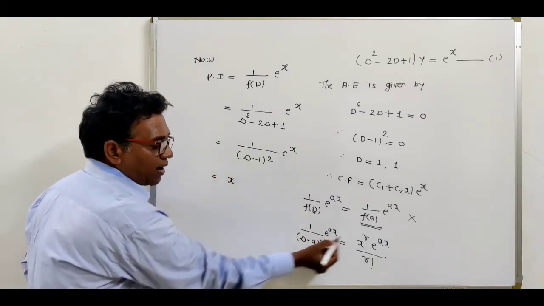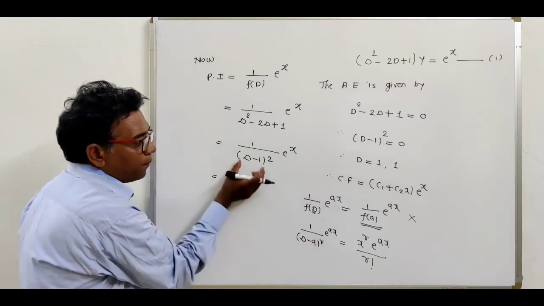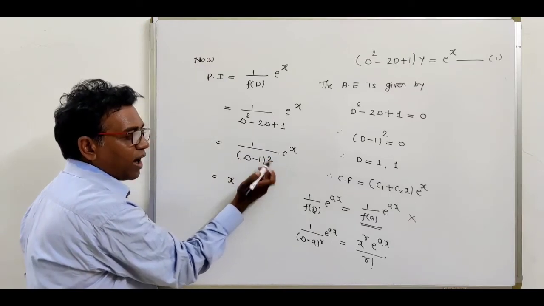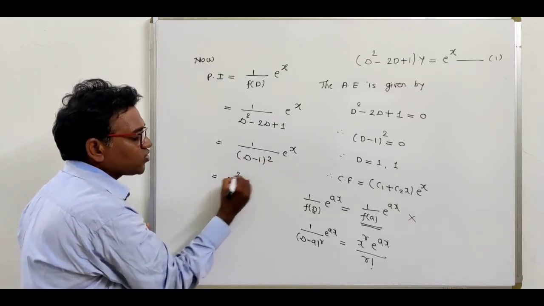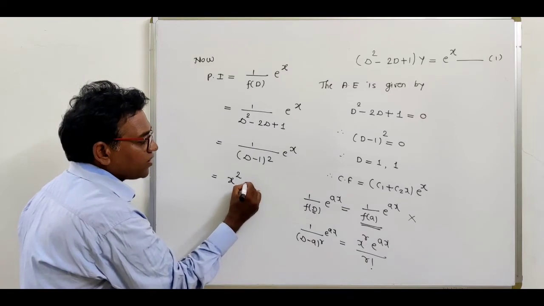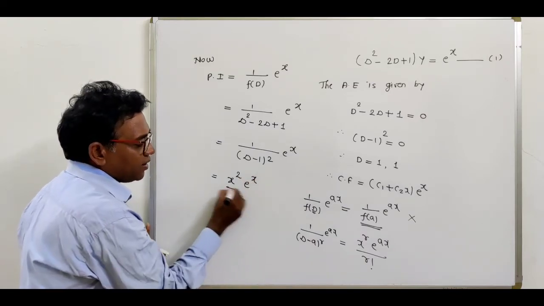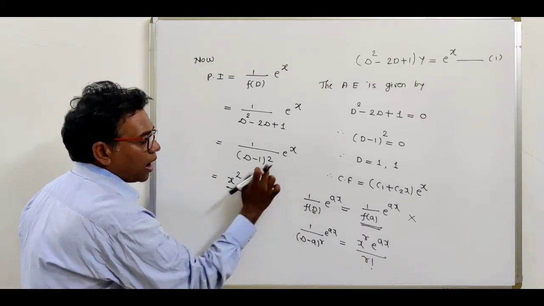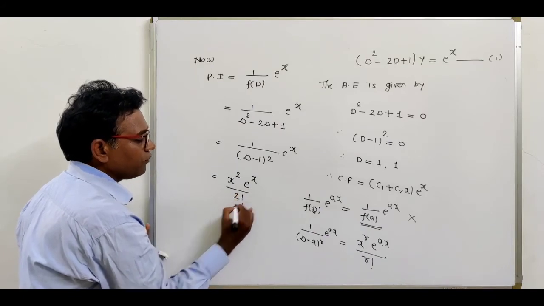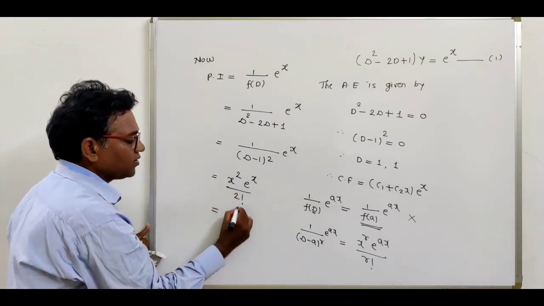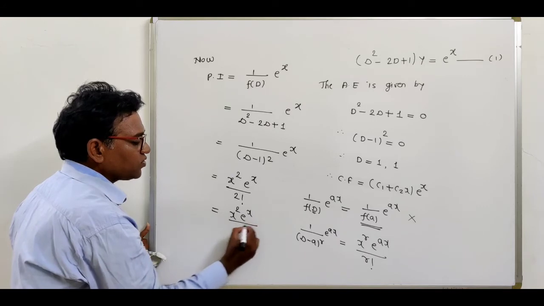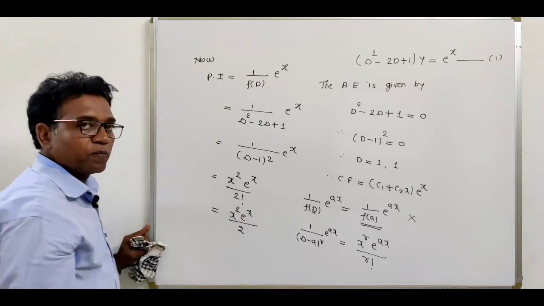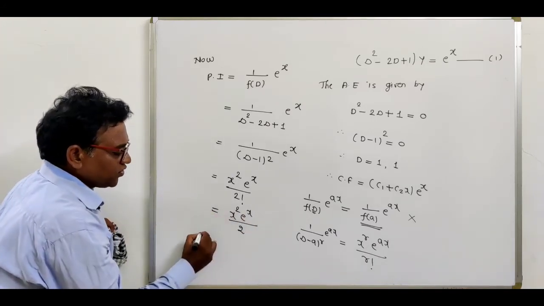What is this formula? x raised to r, where r is the power of the bracket. What is the value of r? It is 2. So x squared into the exponential term as it is, divided by r factorial, which means 2 factorial. So this is x squared into e raised to x divided by 2. So write down the general solution.